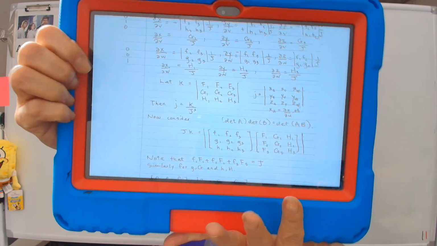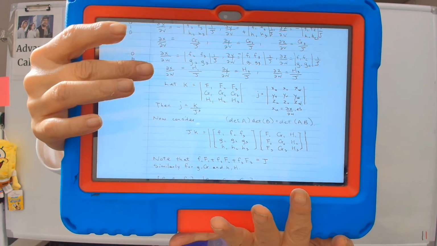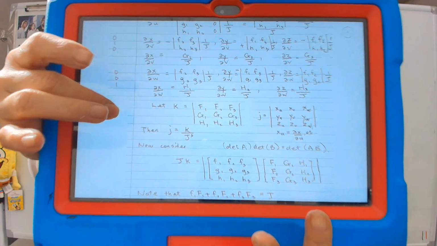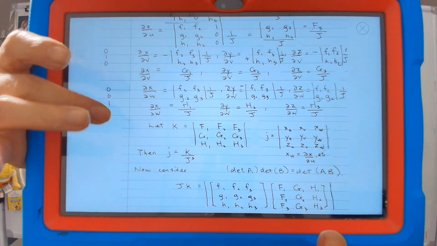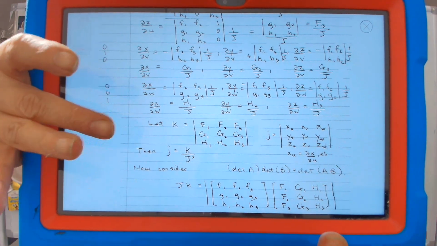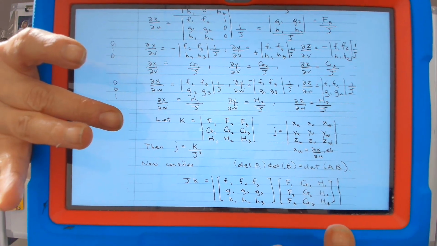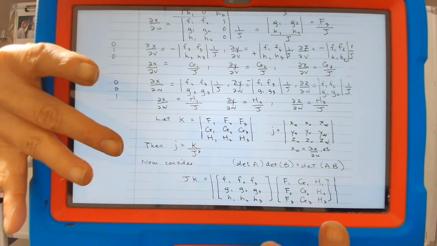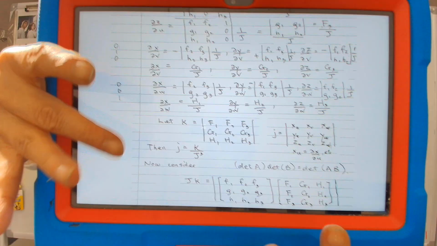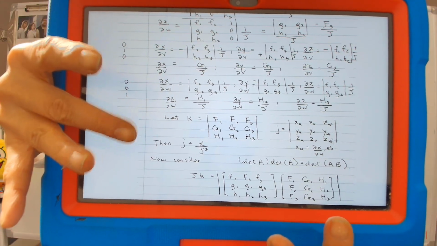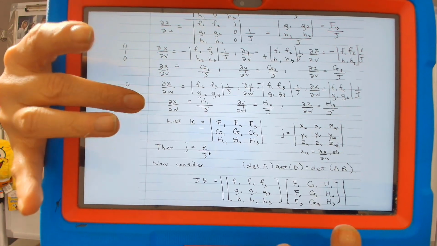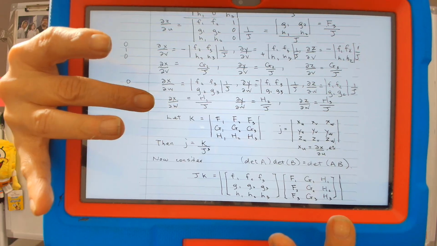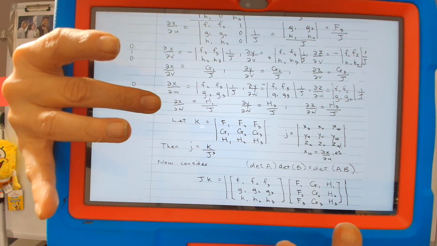And once you plug all this in, each item, as you can see, has to do with the partial derivatives. So if you look at it carefully, you notice that the small j is the k divided by j to the power 3, because each item in there is just the partials, except that they're all divided by j.